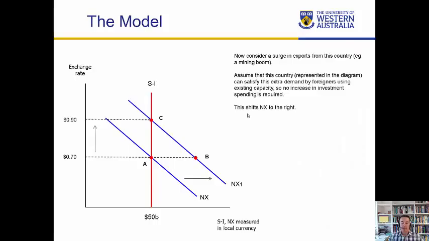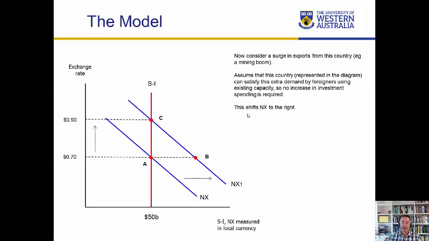Okay, now this is what the model is all about. Today we've just been setting up the model and trying to understand what it's all about, but really the way you need to be able to use the model is to shift curves around. You need to be able to shift the NX curve left and right, shift the S minus I curve left and right, and then explain what happens, and most importantly the intuition behind what happens.